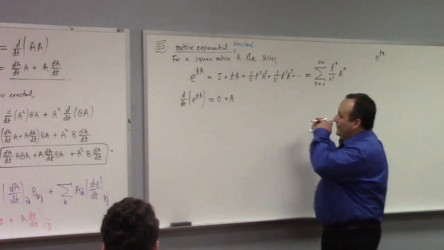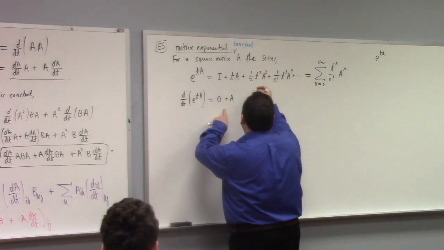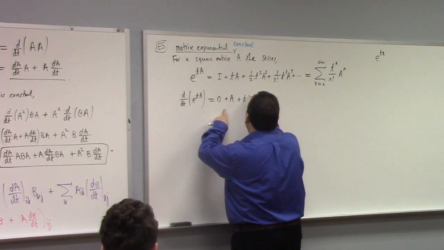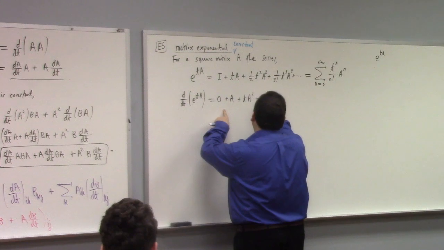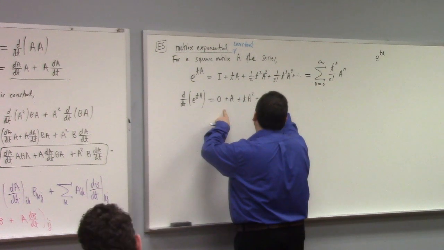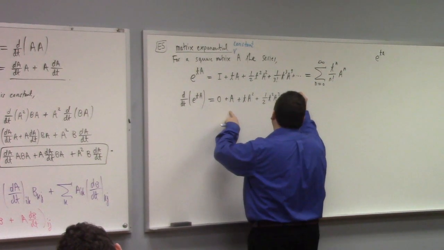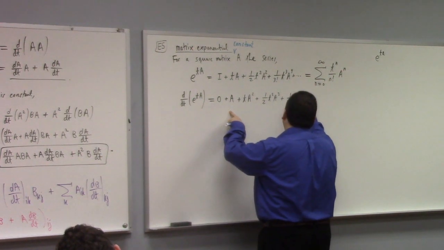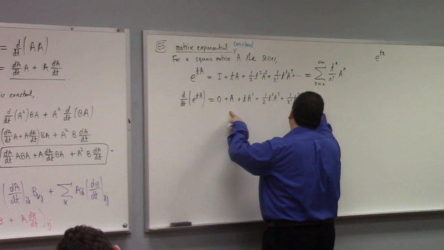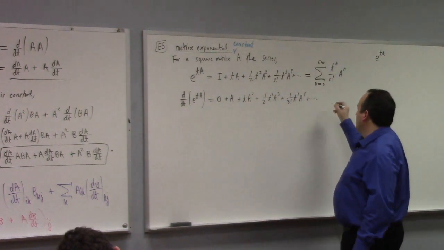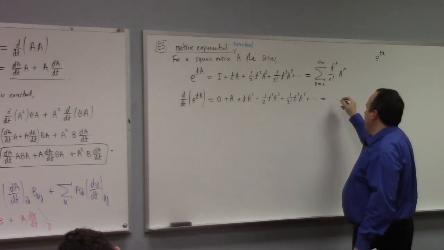And then what happens when you differentiate t squared over 2? Well, you just get t, tA squared. And then we get 1 over 2 t squared A cubed. And if you did the next one, you get 1 over 3 factorial t cubed A to the 4th, and so forth and so on. So what happens if you factor an A out of that?